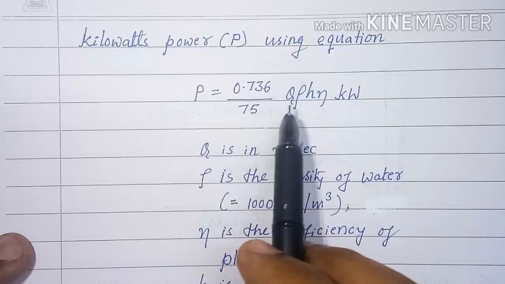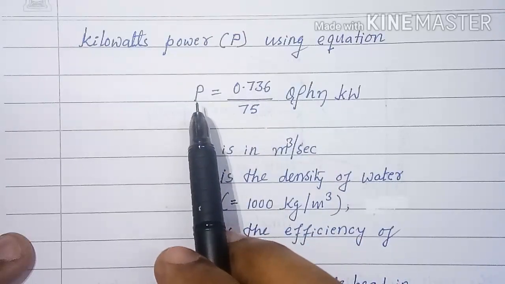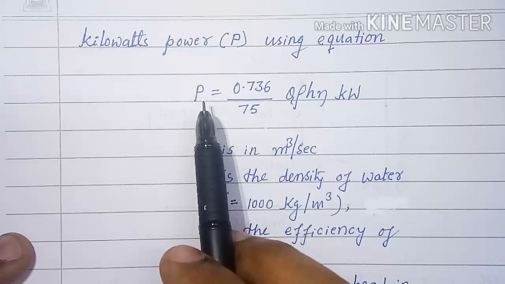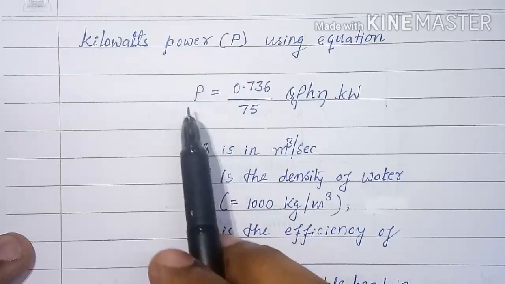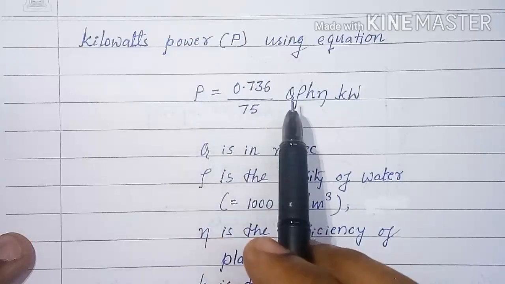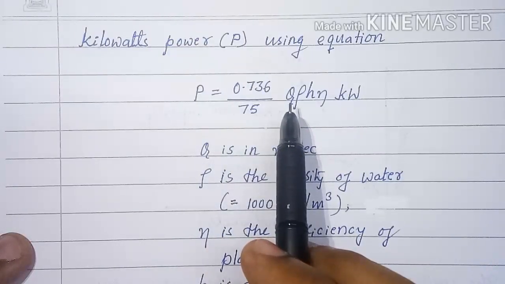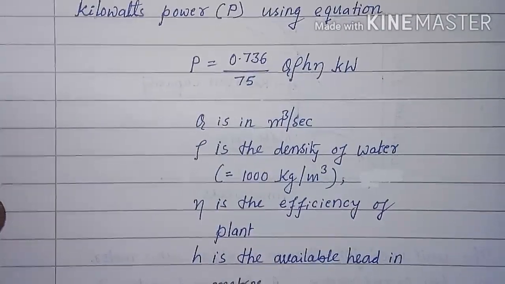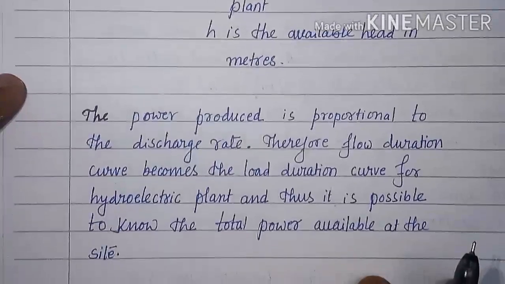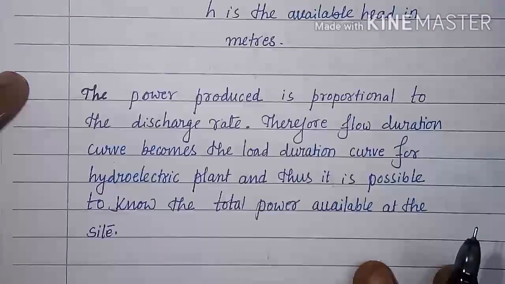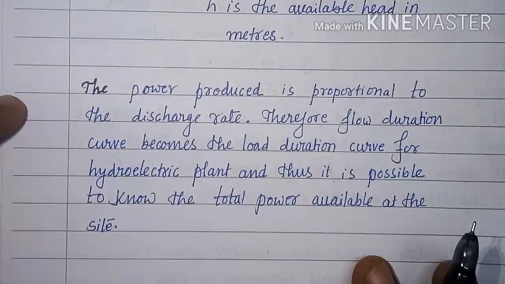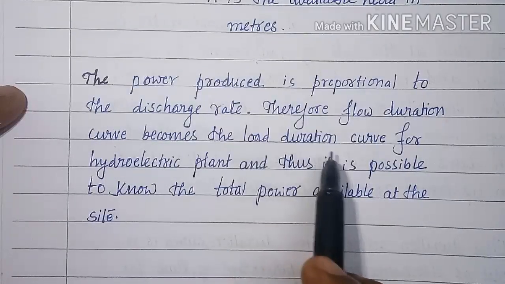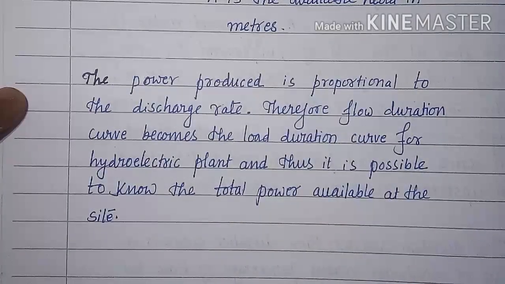So with available flow rate, we can calculate the power that can be generated, or knowing how much power is generated, we can calculate what is the flow rate. Therefore, the flow duration curve is also called as the load duration curve.